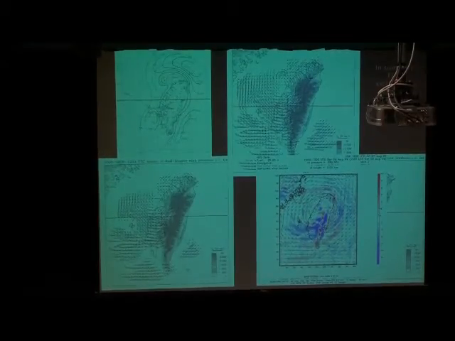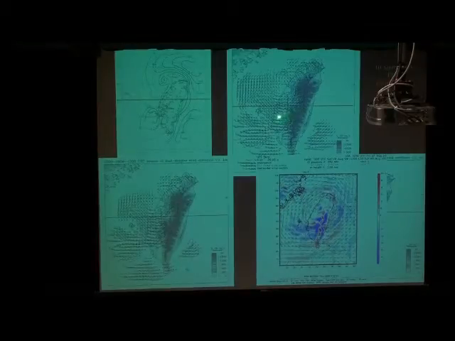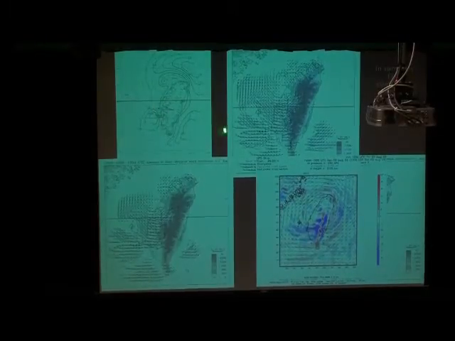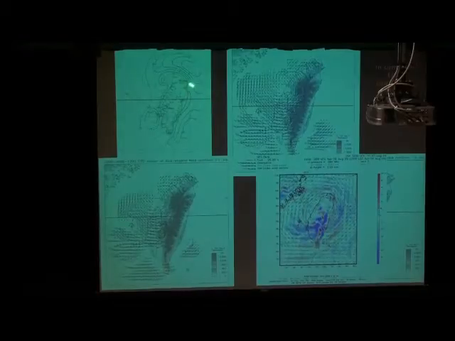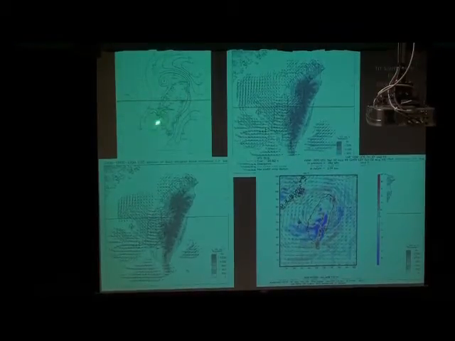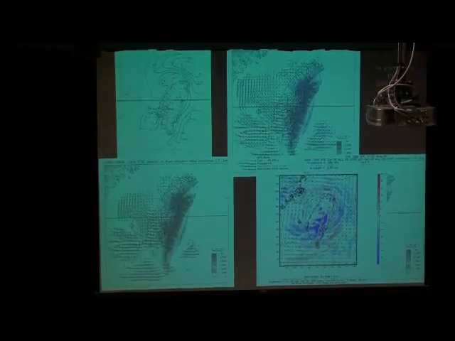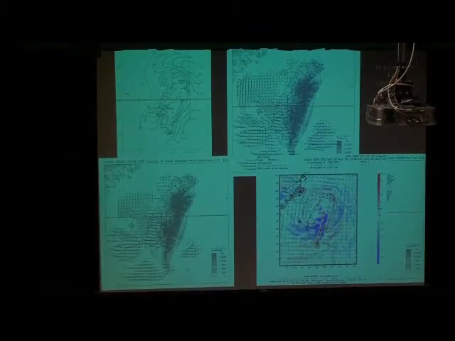So when the situation is favorable for this flow convergence and also the speed convergence, we expect higher precipitation or rain rate over the plain area. If this doesn't happen, then when a typhoon passes by, we will have the highest rain rate over the mountain area. I think that's the reason Typhoon Herb had the highest rainfall over the mountain instead of over the plain area.